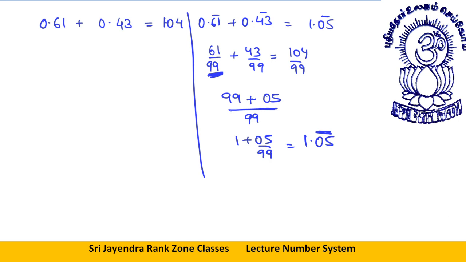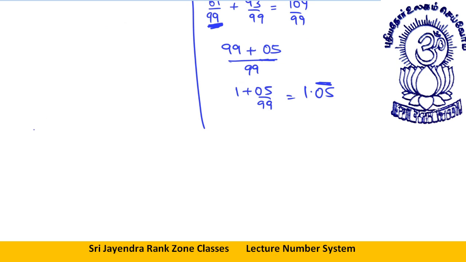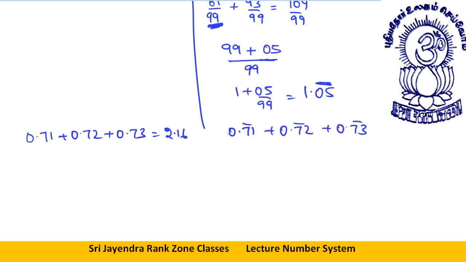I take one last thing, dear students. If I take 0.71 plus 0.72 plus 0.73, it will be 2.16. But if I write 0.71 bar, 0.72 bar plus 0.73 bar, what will it be this time? This time it will not be 2.16, it will be 2.18 bar. How come?